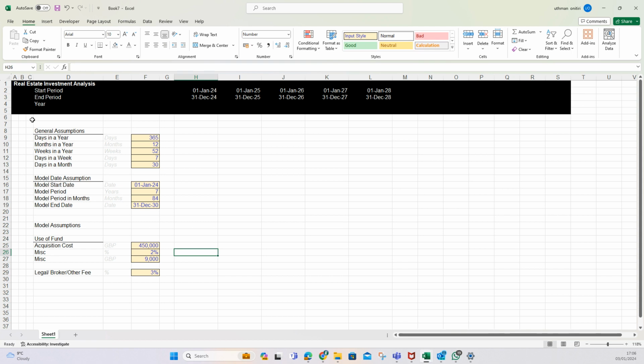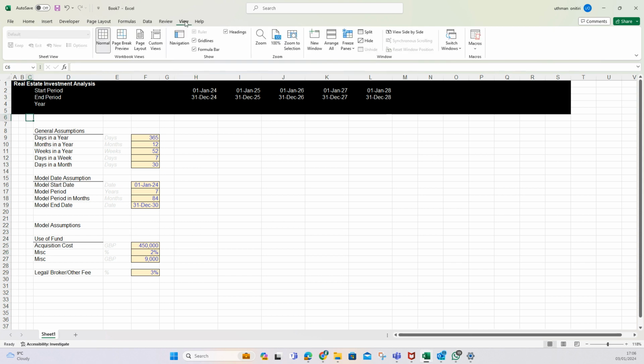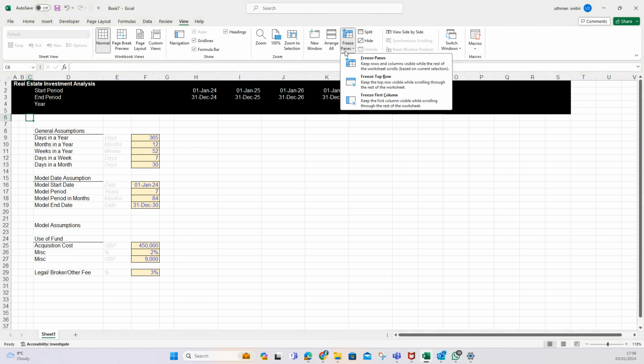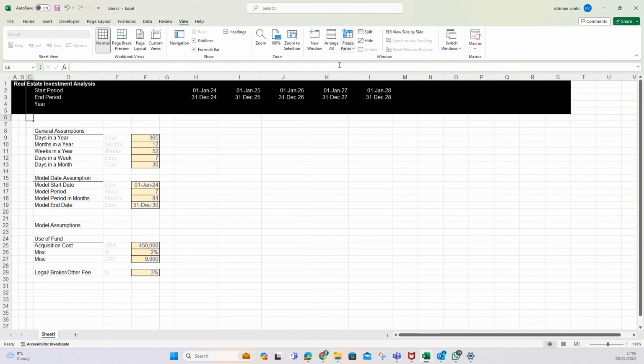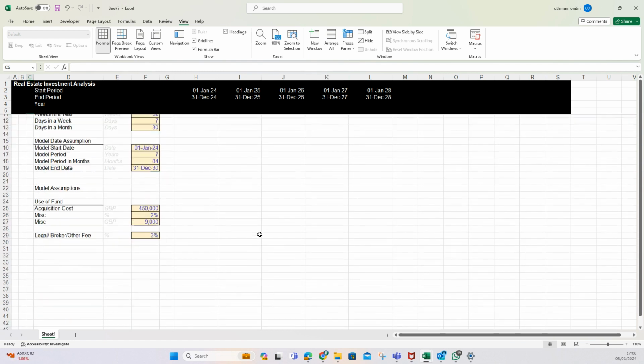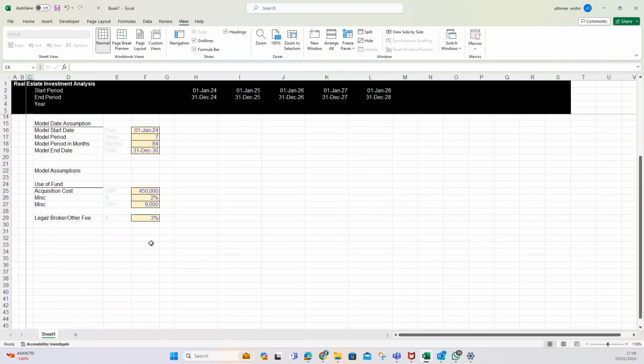I like to freeze this because I feel like it's going to be very useful as we move on. This is what I actually want to freeze, which is fine.